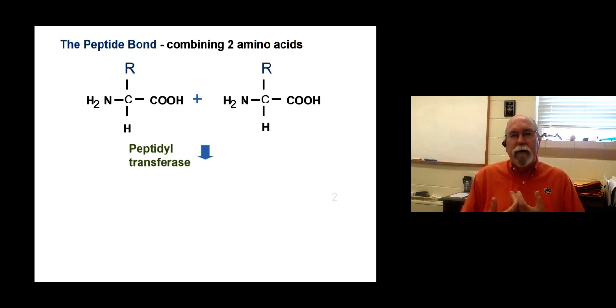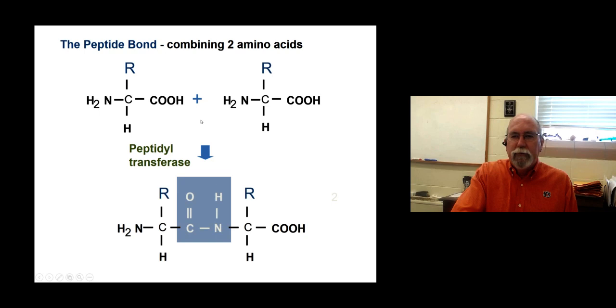And we talked about a complex that we called peptidyl transferase. It's an enzymatic protein complex that helps to catalyze this peptide bond between these two areas. And it very simply does that by allowing the formation of this bond directly between the carbon and the nitrogen.